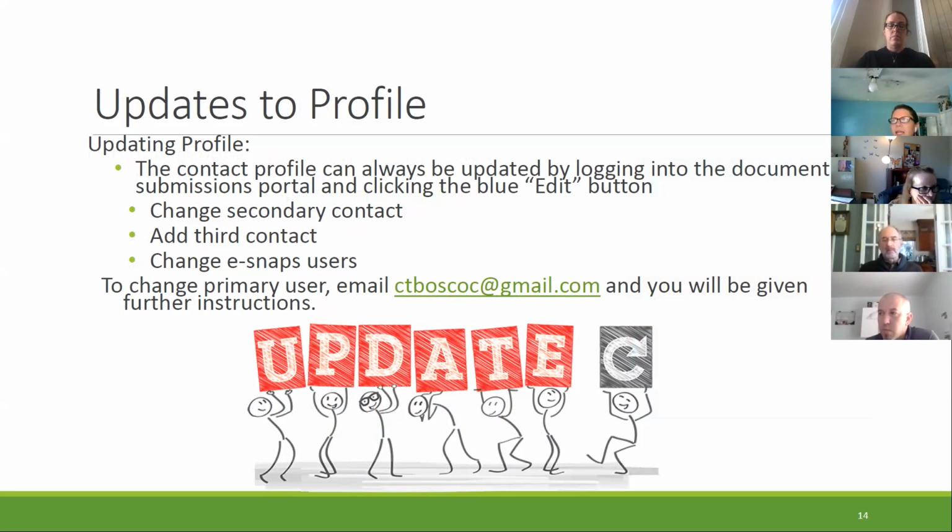We ask that you email us, email CTBOS at the Gmail account, and we'll give you further instructions because that's something that needs to be done on the back end. We'll still want to keep that contact profile connected to the same grants. So we'll just need to do some things on the back end if you're changing that.